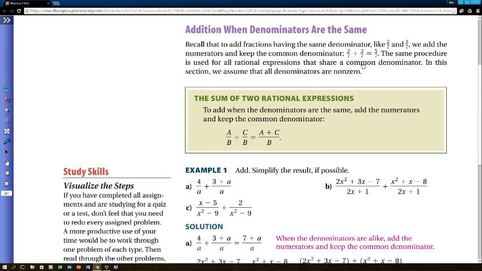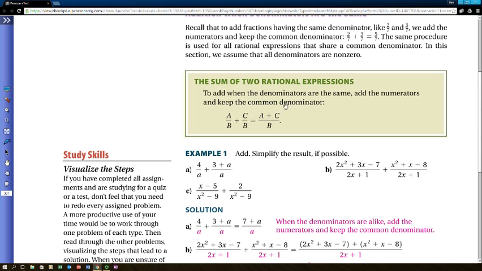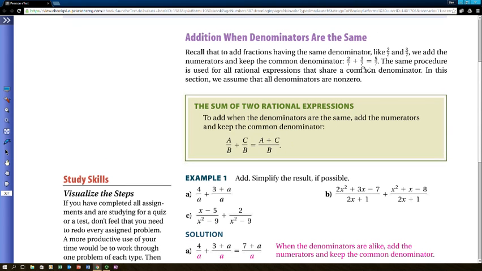Well, that's really the rule: once these denominators are the same, how do I perform that addition? I just add the numerators over that same denominator. When we get into more complex expressions, I would go right back to this. This is a strategy called solving a simpler problem.